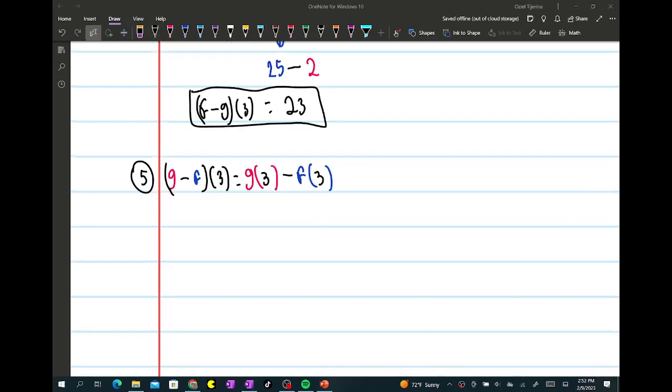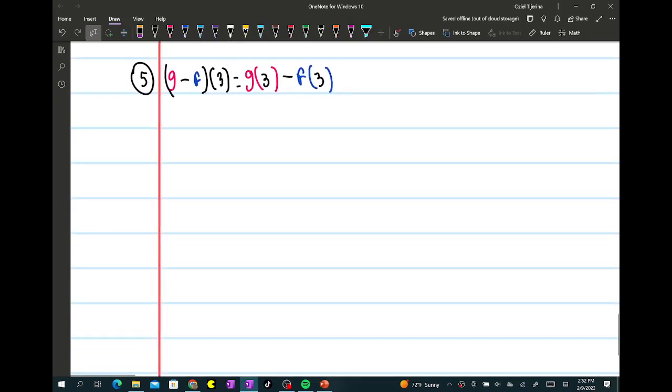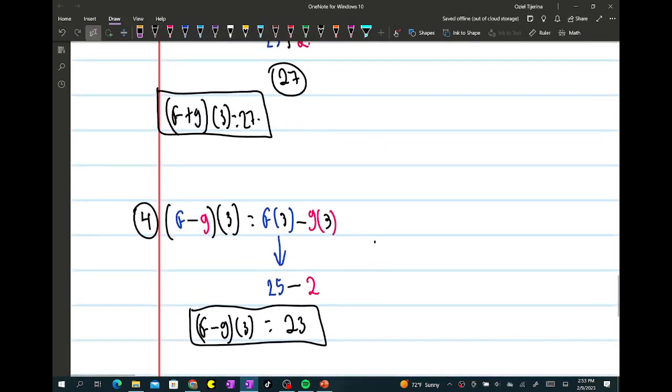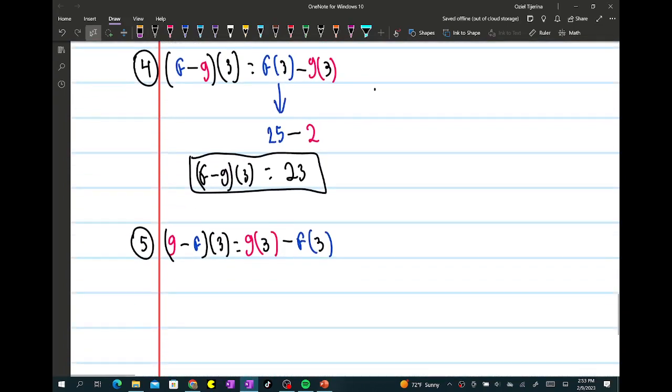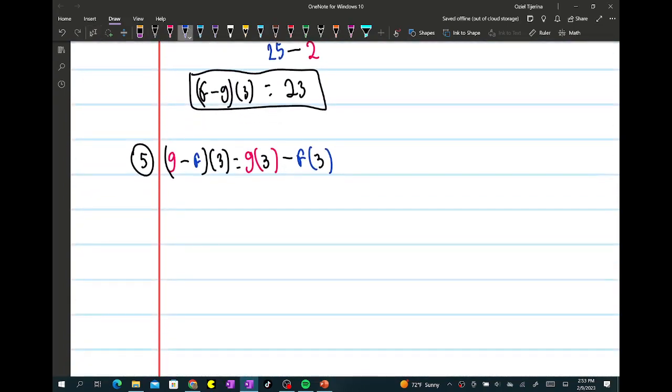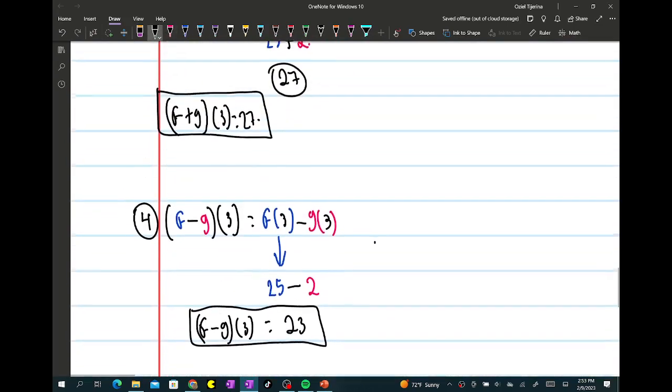Okay, so now for number 5, it says g minus f of 3, and like I said, this is g of 3 minus f of 3. We already know f of 3 is 25. So let me just write that down. We know that this is 25, and then we know that g of 3 is 2, right?